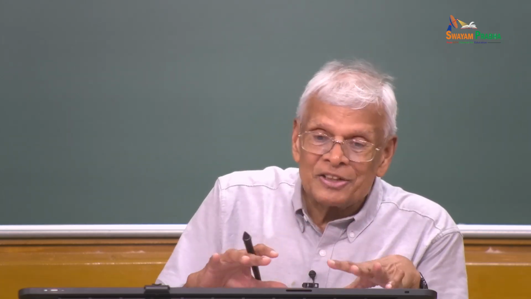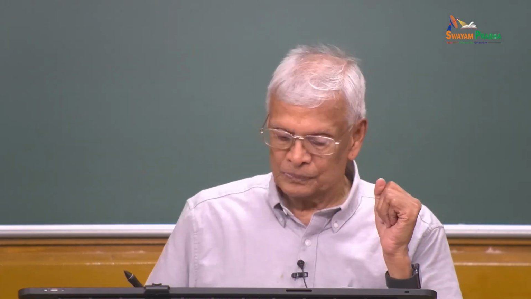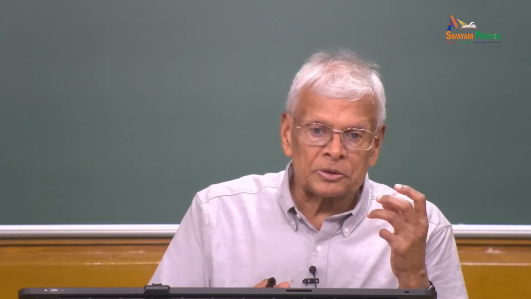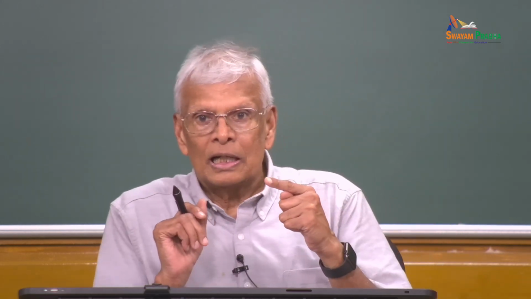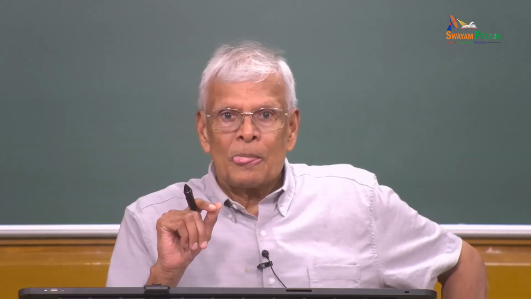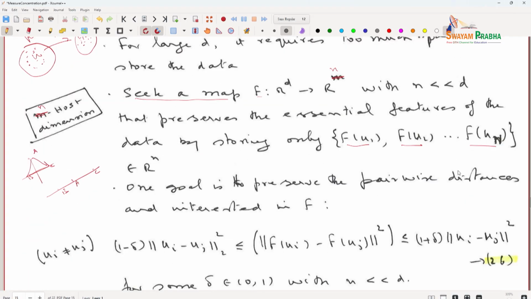This is a fundamental difficulty of nature, and that's exactly what we are looking for. Any mapping that preserves the pairwise distances in the original space as well as in the mapped space is called isometric embedding.